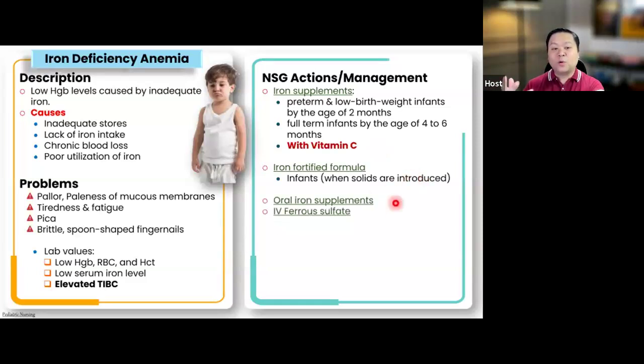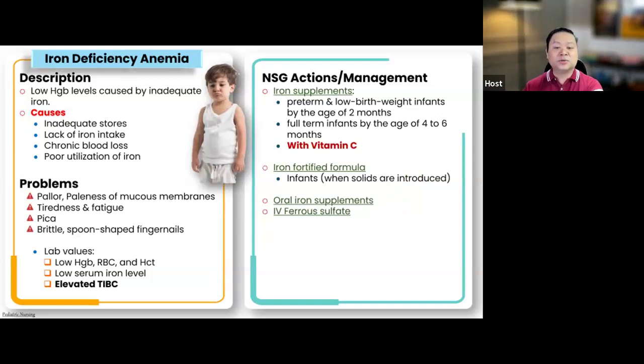When providing the oral iron supplements, we make sure that we are limiting the formula intake to 32 ounces, or 960 mLs per day, in order for them to consume the liquid iron content.